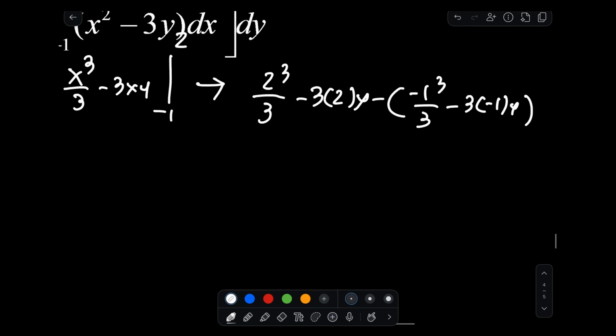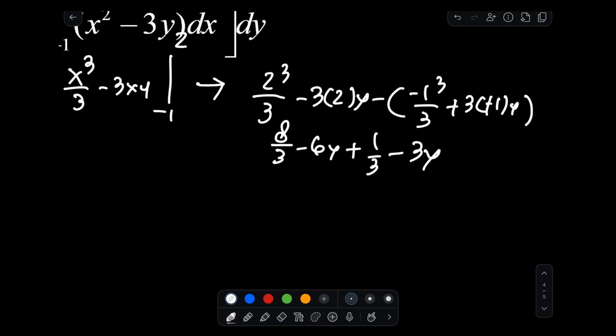So then we're going to get 8 over 3 minus 6y plus 1 over 3 plus, which is going to become 3y minus 3y.